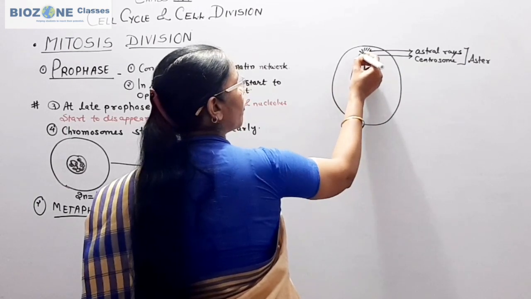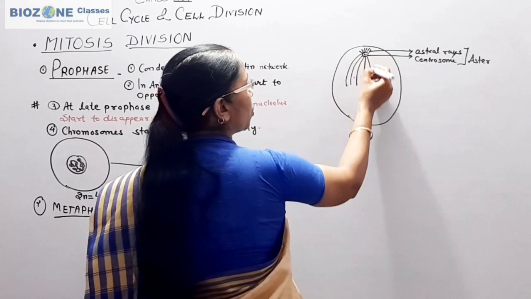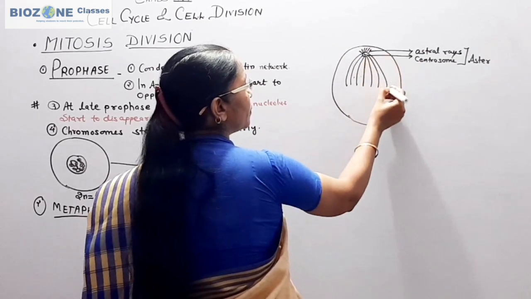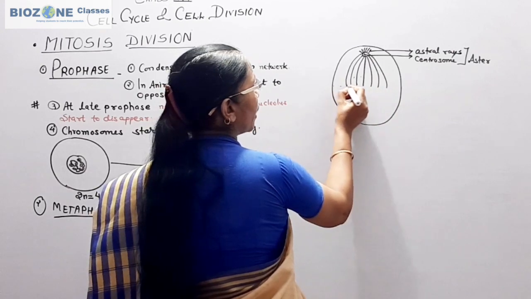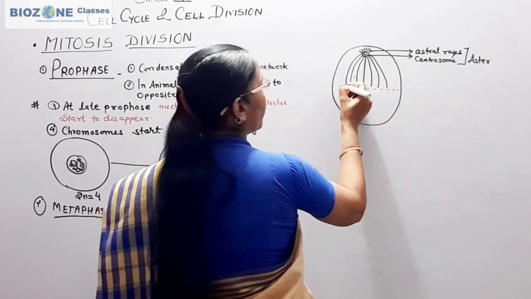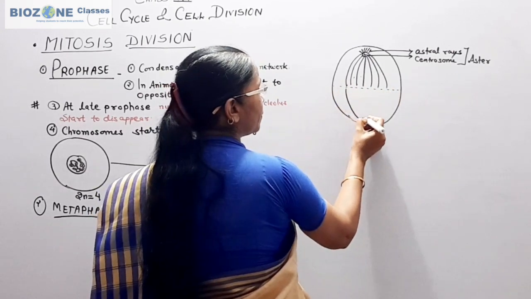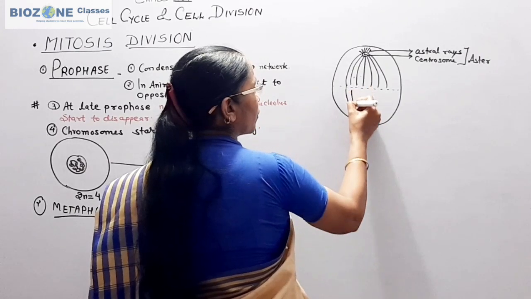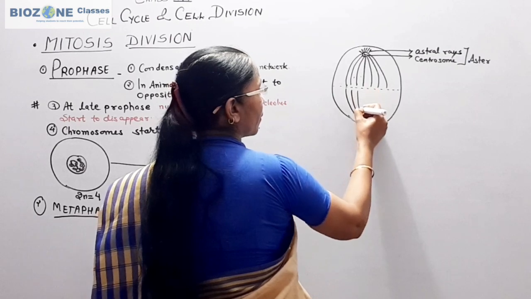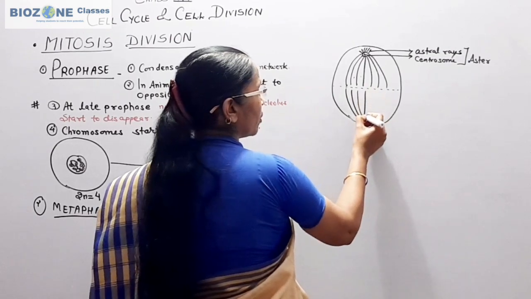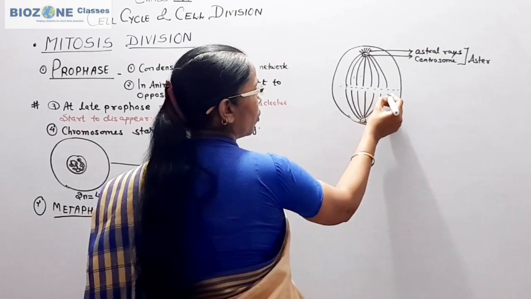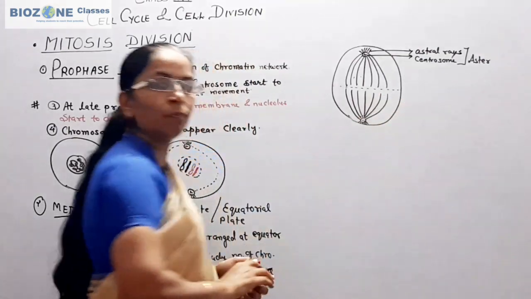and these spindle fibers show the equator plate being formed. And this much you remember: every time the spindle fibers are more compared to the chromosome number.